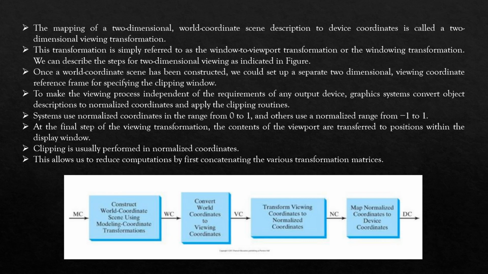First we construct the world coordinate scene using modeling coordinate transformations, then convert world coordinates to viewing coordinates, next convert viewing coordinates to normalized coordinates, and finally map normalized coordinates to device coordinates, and it shows us the resulting output.